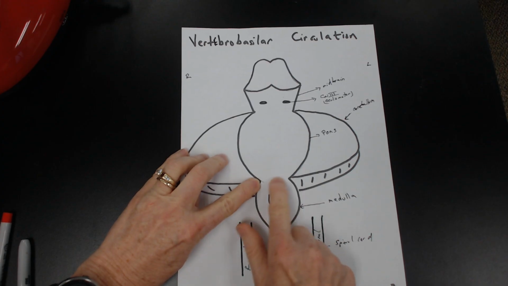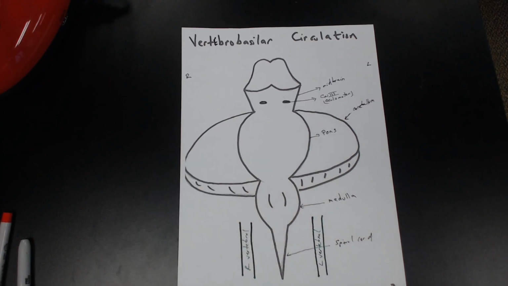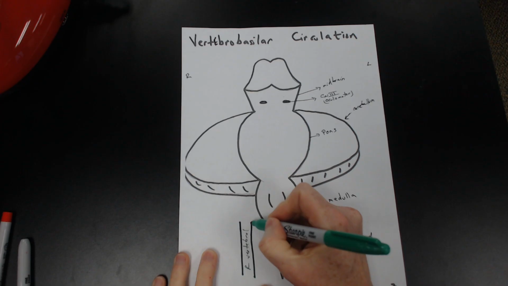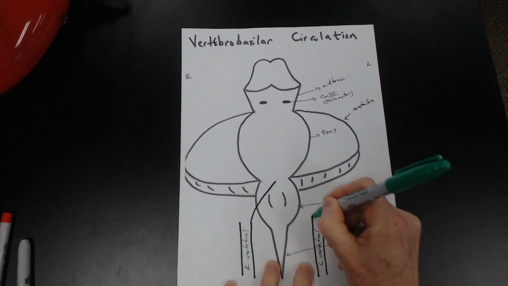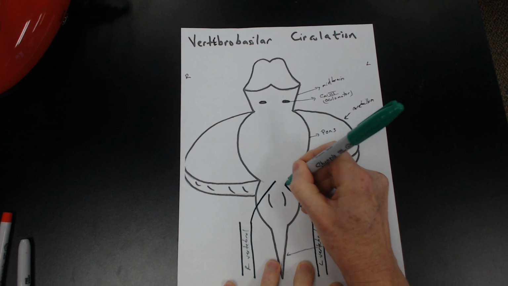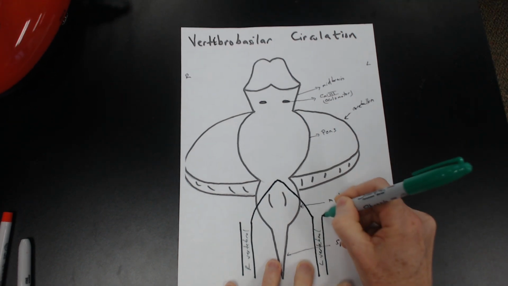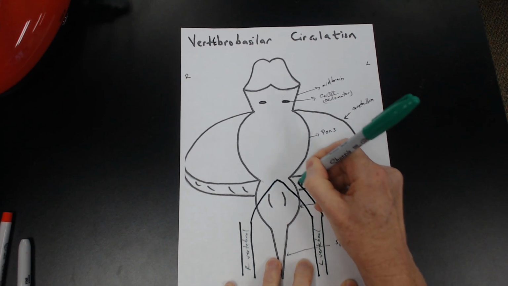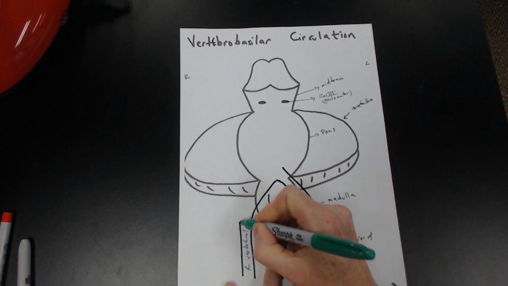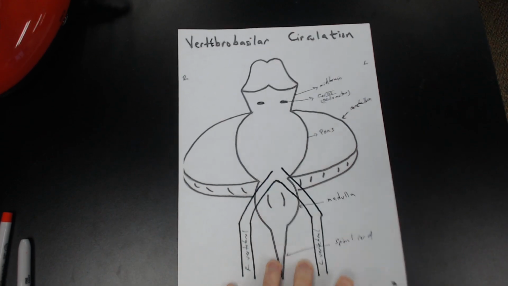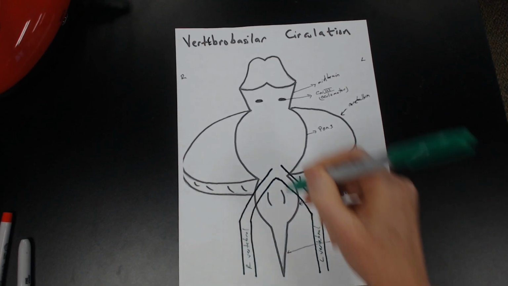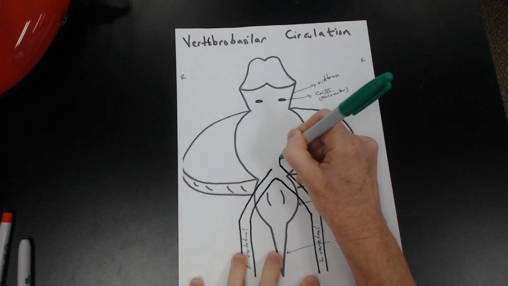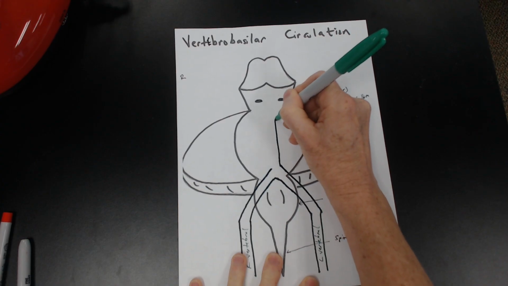So right at the pontomedullary junction, these arteries come together and form one main artery here at the pontomedullary junction, right there. And the name of that artery that they form that goes straight up, basilar, good.